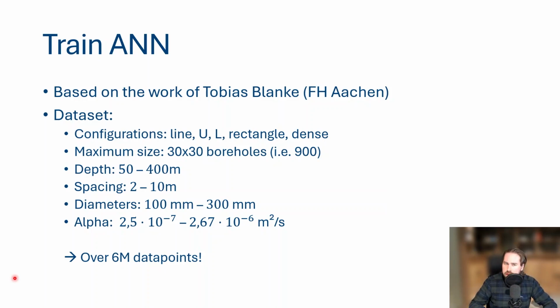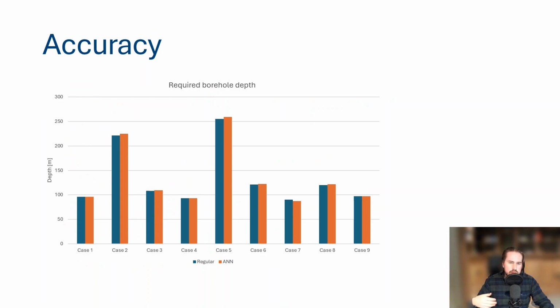Now, so far for the theory. There are quite a lot of measures to see how good an artificial neural network is, but what I believe is the most interesting for you is that we just ran it over 9 different cases, bore fields which are limited by the maximum or by the minimum temperature limits, with some varying fluid parameters, with some geothermal fluxes, etc. And what we saw is that for all these 9 different cases, our results are pretty much alike.